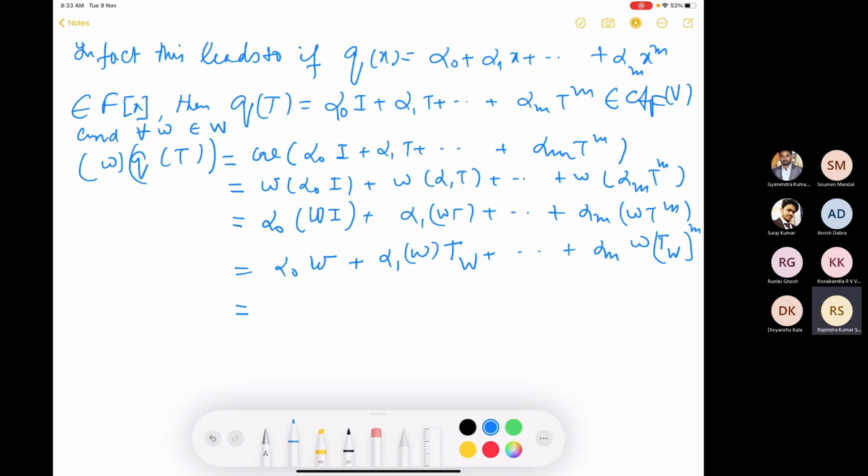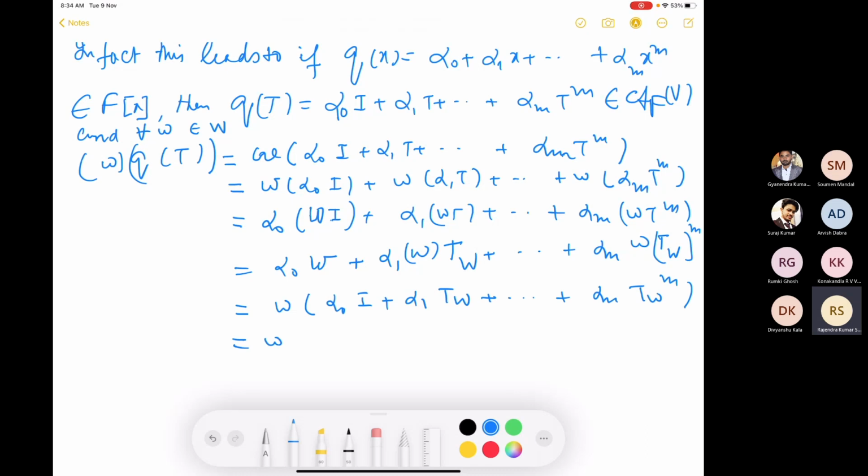So you can see that this is a polynomial: w under alpha naught I plus alpha 1 T_W up to alpha m T_W^m.